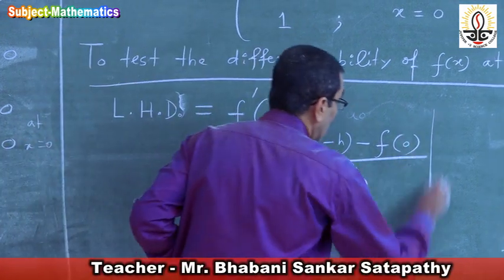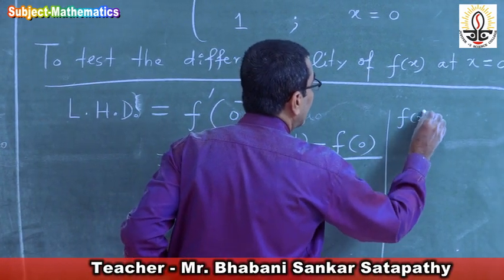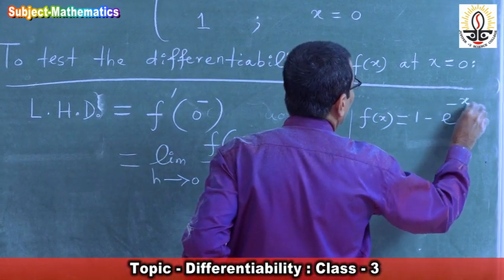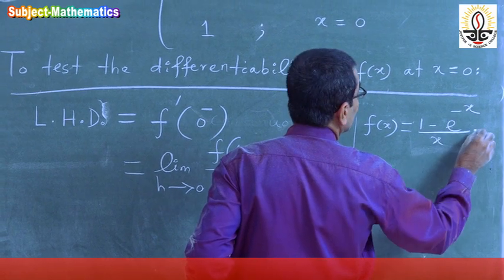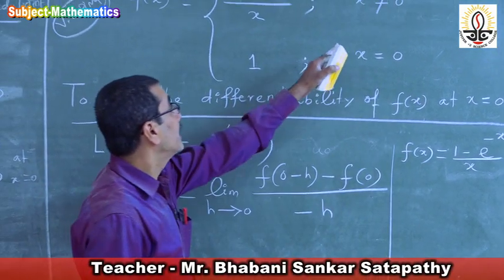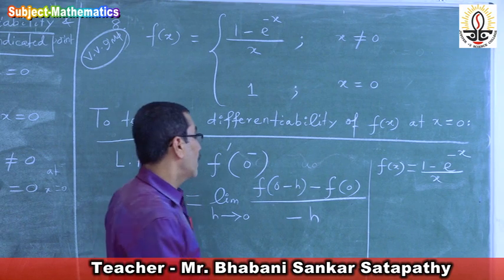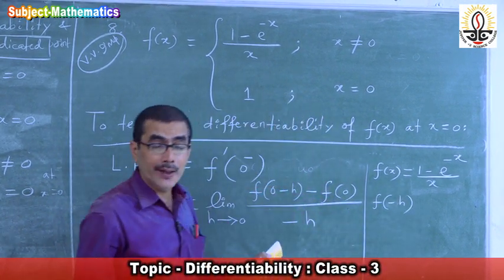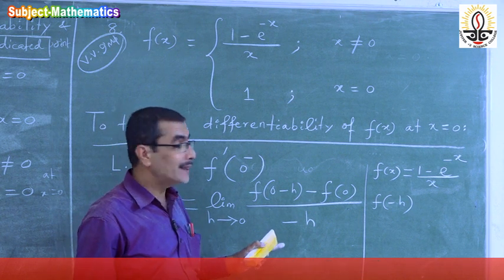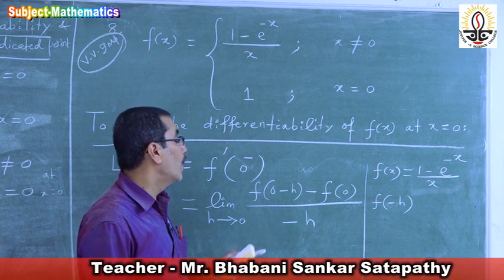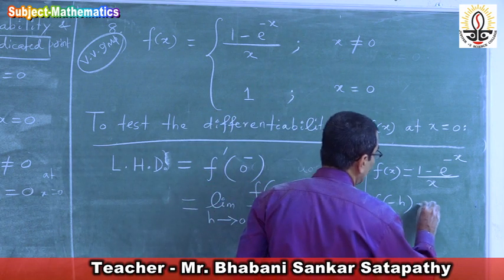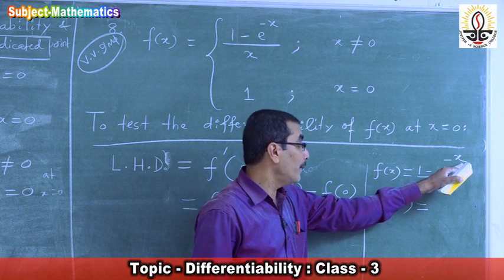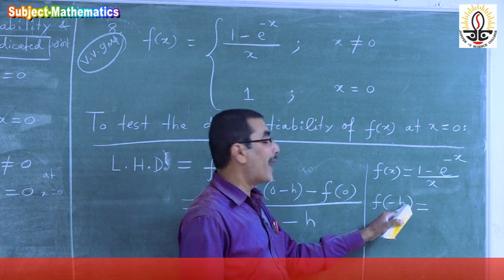Now see, f of x is equal to 1 minus e to the power minus x divided by x when x is not equal to 0. So f of minus h, since minus h is not equal to 0, is equal to how much? In place of x, you will put minus h.